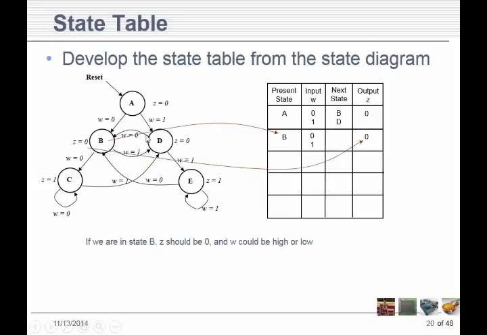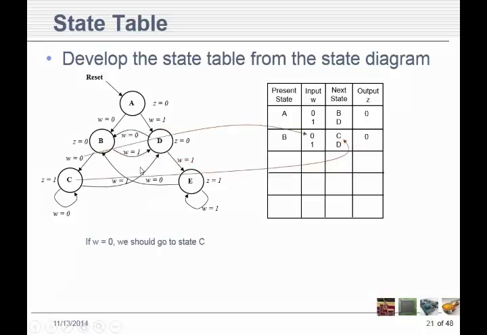Okay, here we're in state B. That's our current state. Again, W could be a 0 or a 1. Associated with state B is the output of 0. If W is a 0, where am I going to go? I'm going to go to C. If W is a 1, I'm in B, I'm going to go to D again.